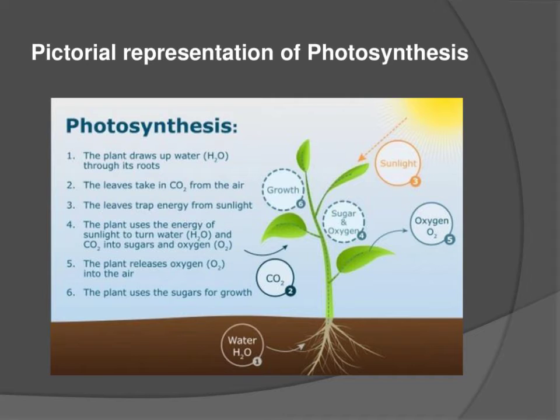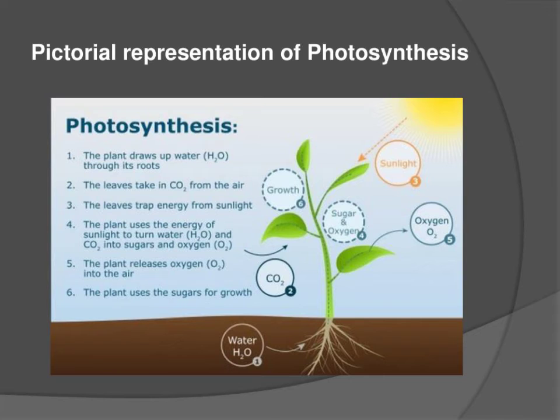The plant first draws up water through its roots. Then the leaves take carbon dioxide from air. The leaves trap energy from sunlight. The leaves and other green colored parts of plants trap the sun's energy, and then the plant uses the energy of sunlight to turn water and carbon dioxide into sugars and oxygen.